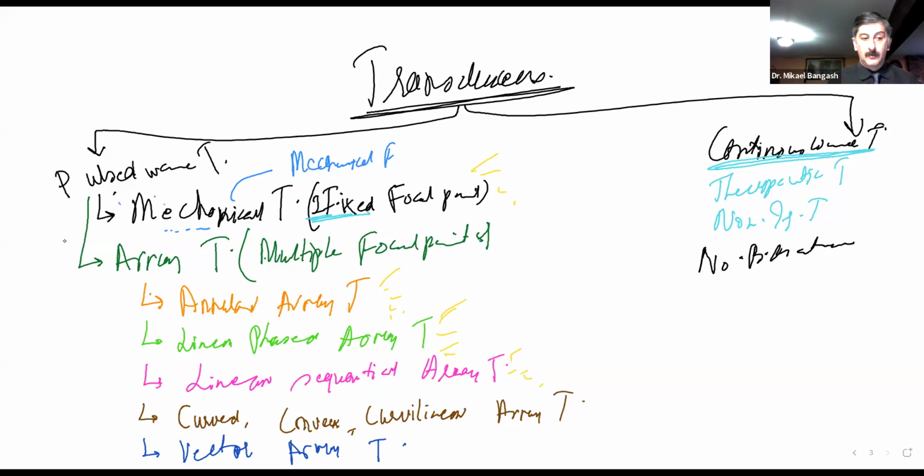Okay. So one thing to take away for now is that the word array mainly just means multiple focal points and adjustable.